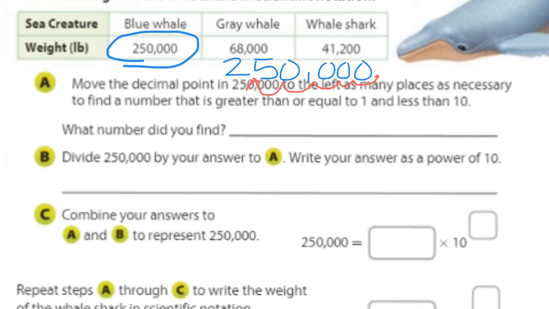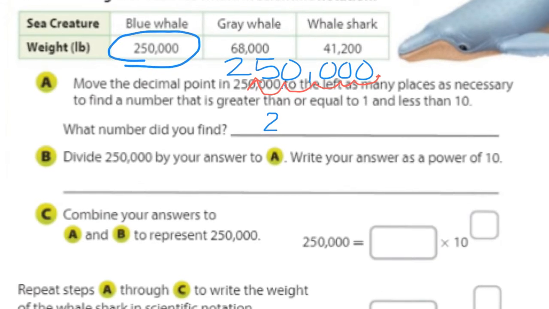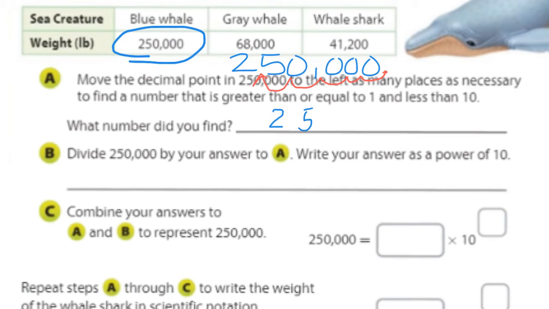I must move the decimal point over 5 times to get a number that's equal or greater than 1 and smaller than 10. And that number is 2 5/10. Okay, use my finger. So when I move the decimal point over, I move it over 5 spaces. And I have a number that's 2 decimal point 5, 2 5/10.